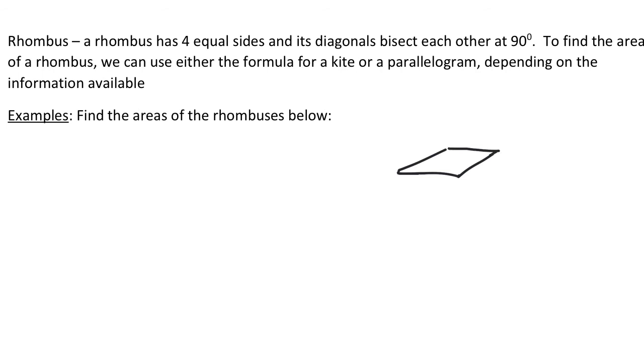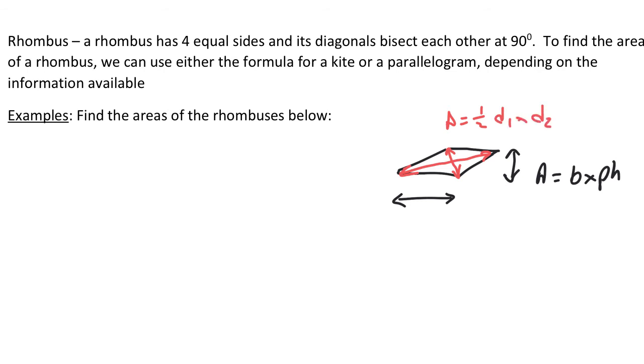So if we knew the base length and the perpendicular height, because a rhombus is a special type of parallelogram, then we could do A equals base times perpendicular height. But because a rhombus also fits the properties of a kite, if we knew the length of the two diagonals, then the area could be a half of D1 times D2.